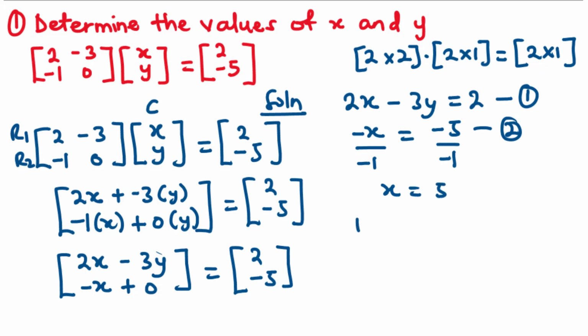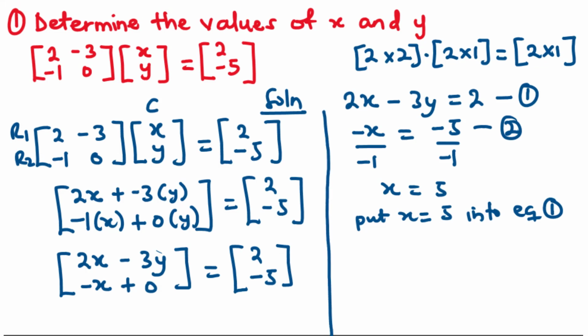Now let's put x equals 5 into equation 1 to find the value of y. So we have 2 times 5 minus 3y equals 2. That is from equation 1. 2 times 5 is 10.